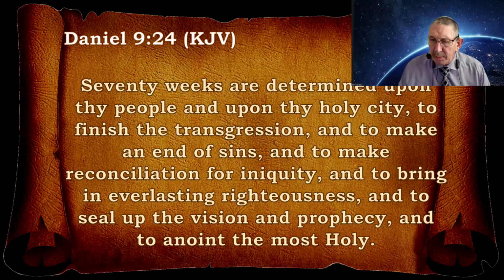So 70 weeks would be 70 times 7, or 490 years. This is a timing vision given to Daniel, talking about the Jewish nation and what's going to be happening to it pretty much through the end of time.